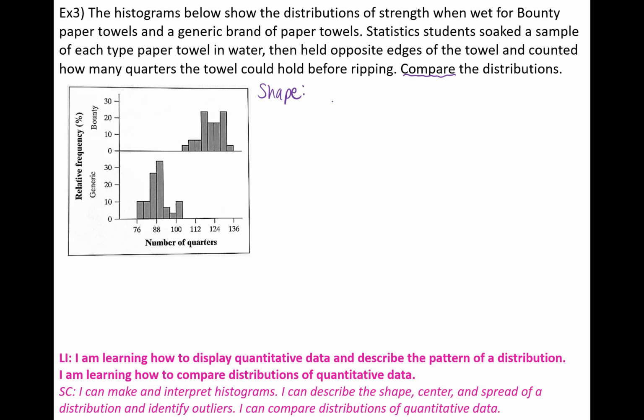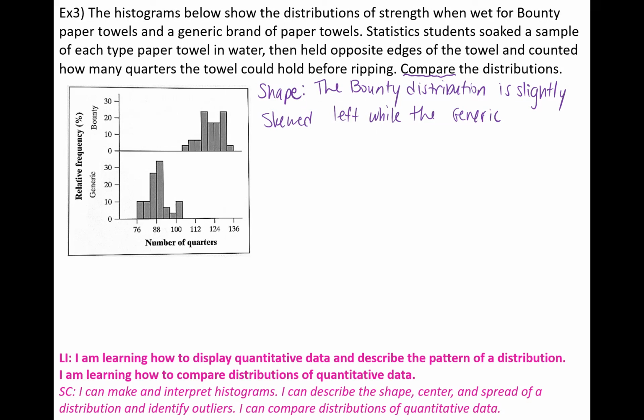Okay, so we're going to say the Bounty distribution is slightly, because it's not very much, but I do see a little bit there, slightly skewed left, while the generic distribution is roughly symmetric. All right, so there's our shape.